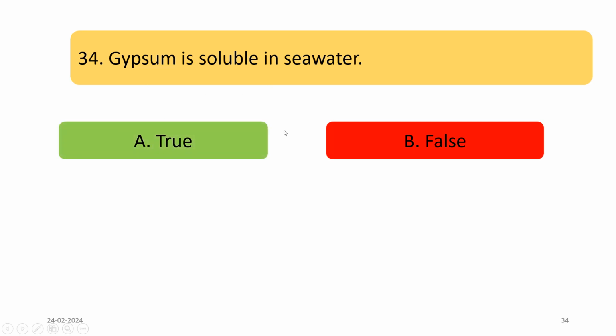That is why, before disposing, gypsum is gone through seawater or water, any kind of water, to produce clean gypsum, and then it is disposed in the seawater. So gypsum is soluble in seawater. It is true.